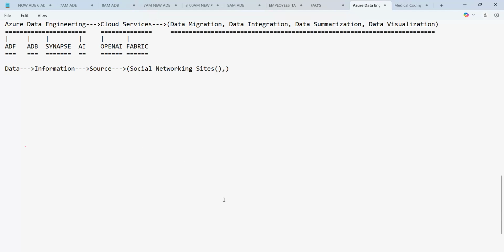When you talk about the social networking sites, we can say the following: Facebook, Insta, Twitter, which we call X. So Facebook, Insta, Twitter, these are all the social networking sites.